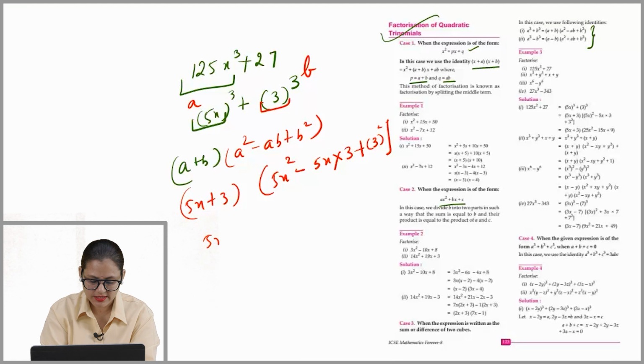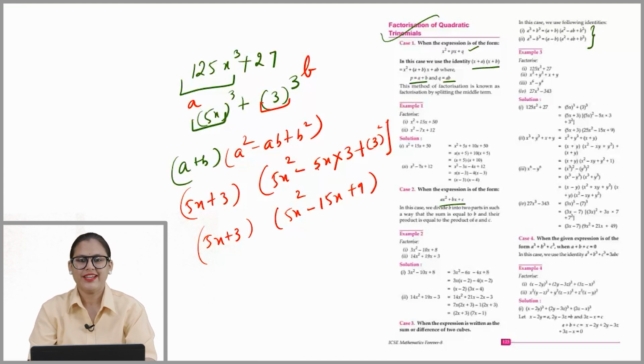Now 5x plus 3, 5x square minus 5 into 3 is 15x plus 9, right students.